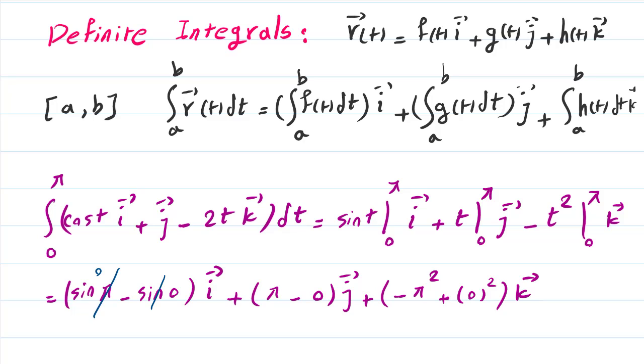Okay, these two terms are 0. We have pi j plus negative pi squared k.